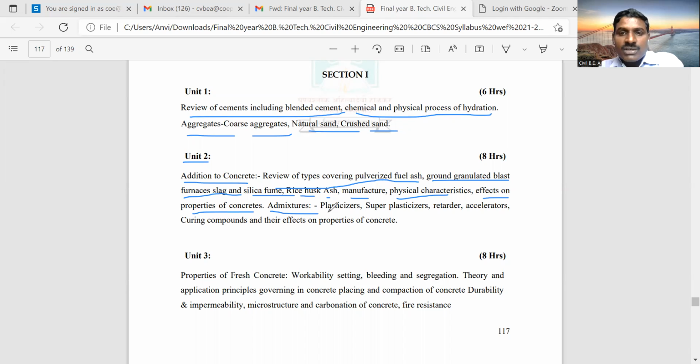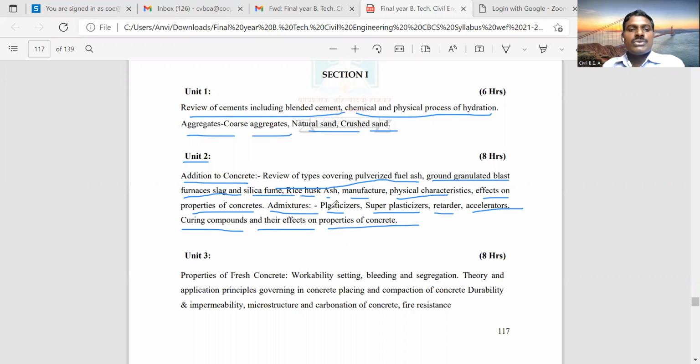Some we are using for getting early strength of the concrete. So likewise we are using admixtures. Their admixtures are the plasticizer, super plasticizer, retarder, accelerator, and curing compound. So these admixtures, their effects and properties on concrete we have to study. So this is unit number 2.